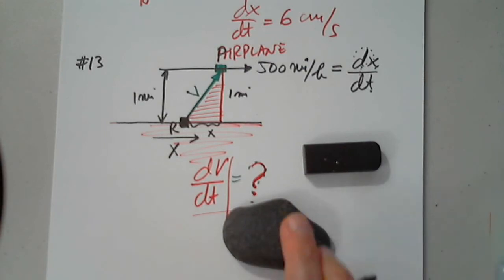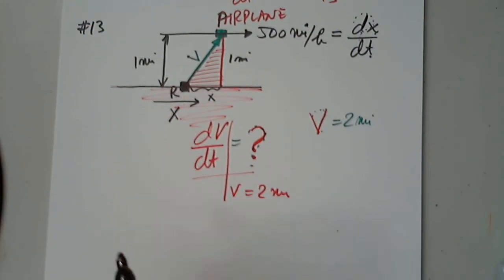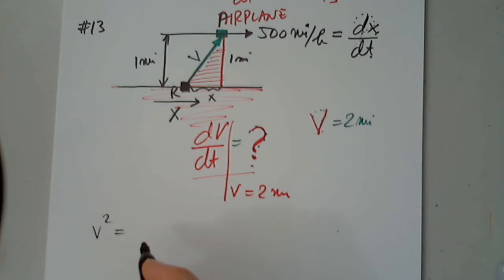So how do I write the Pythagorean theorem? It would be V squared equals 1 squared plus x squared. That's it. We have what we want.